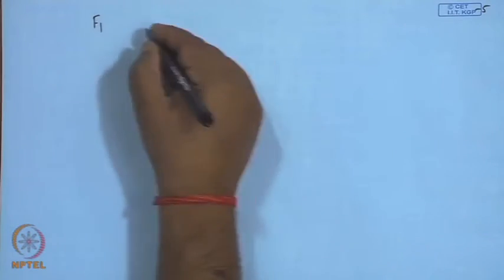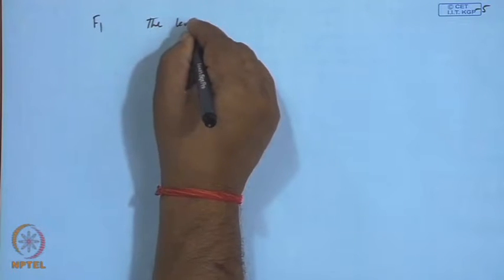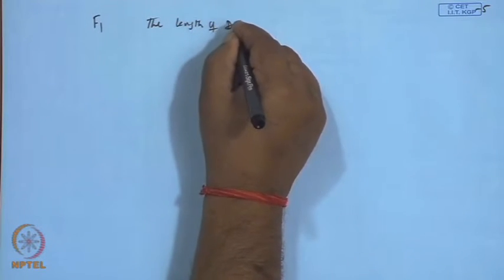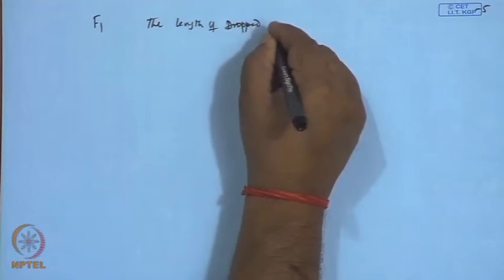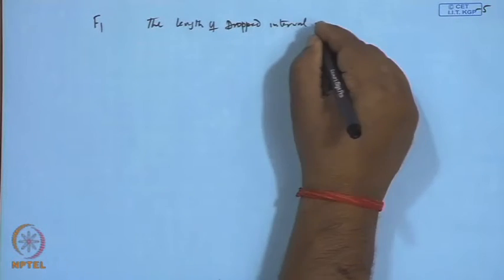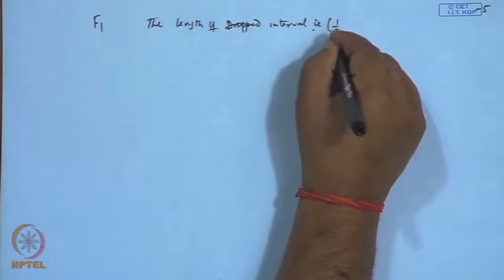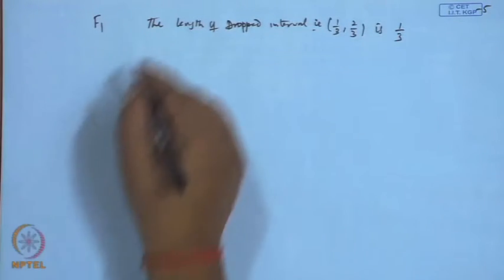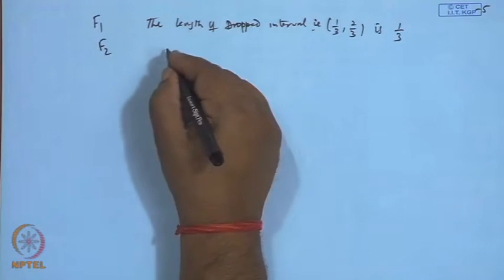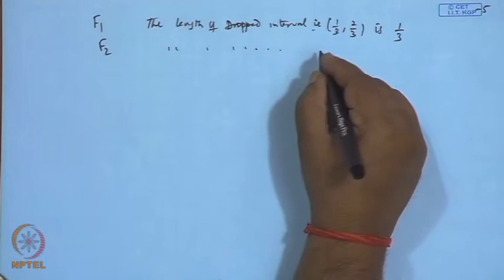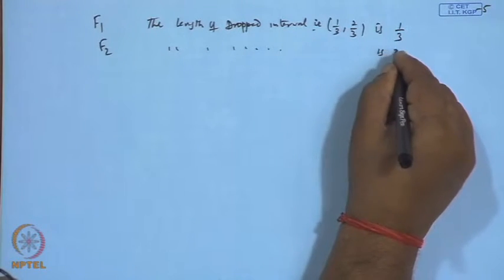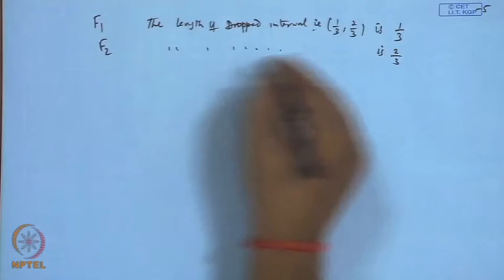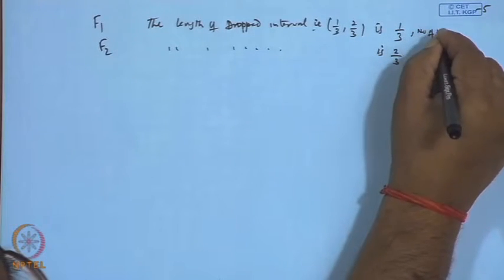In the first case, the length of the dropped interval is 1/3 and the number of intervals is 1.